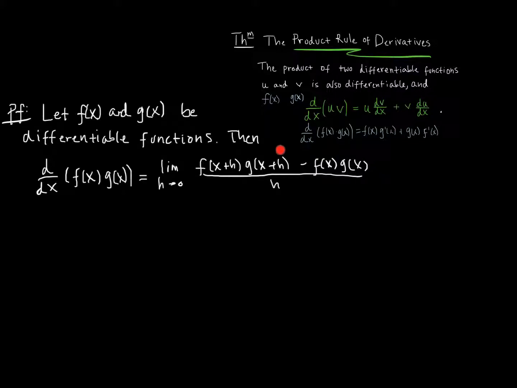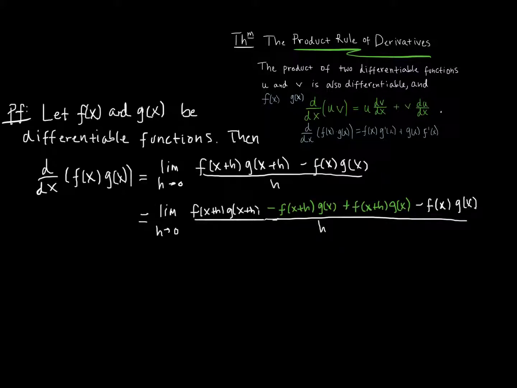And so what I'm going to do is add and subtract something from the numerator that will be advantageous, that will allow me to factor in a way that is helpful, so that I can actually evaluate this limit. Okay, so notice that what I've done is I've subtracted from my numerator f of x plus h times g of x, and then I've added f of x plus h times g of x.